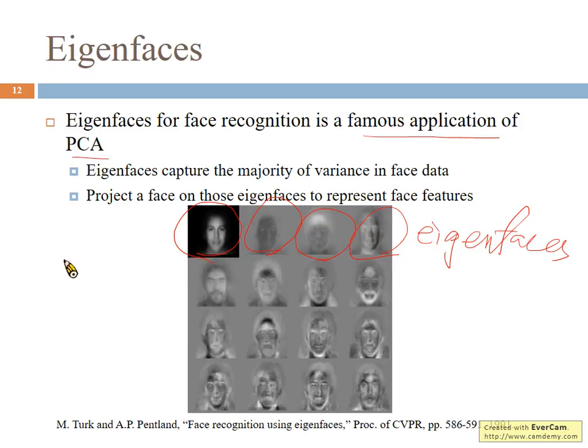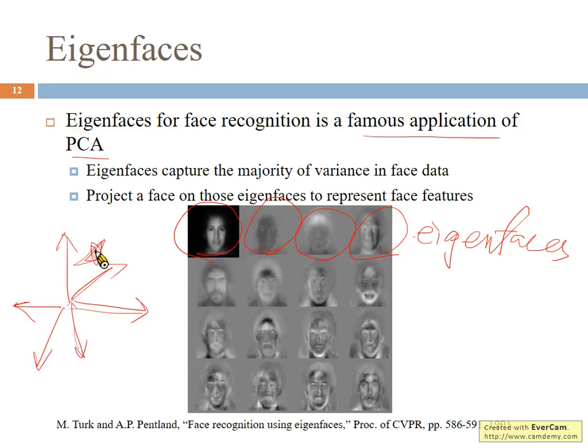As we said before, we can project high dimensional face images into a low dimensional space. And in this low dimensional space, the basis vectors are the eigenfaces. So we can represent a face as a linear combination of these eigenfaces. And how can we compare the similarity between two faces?